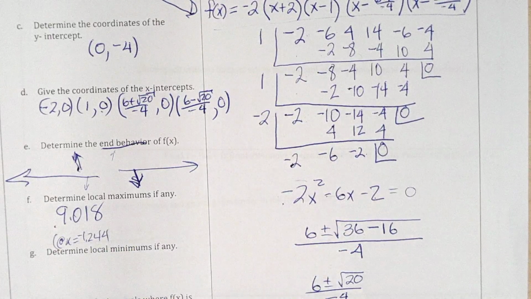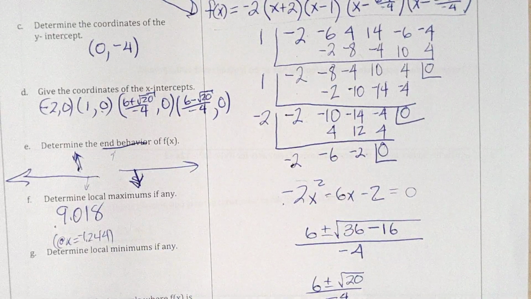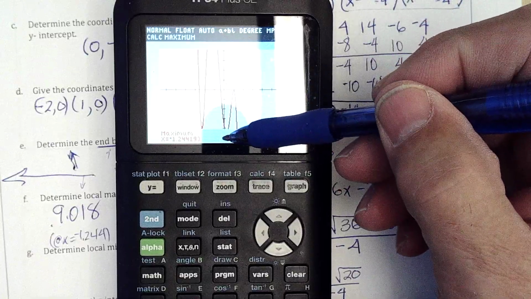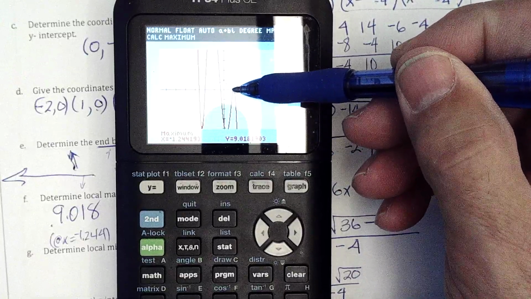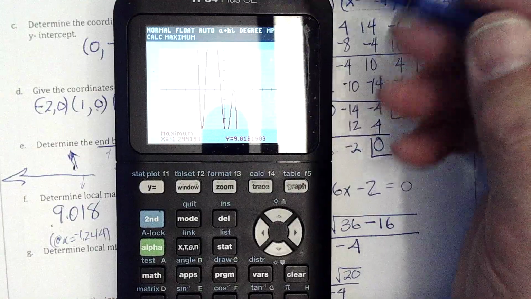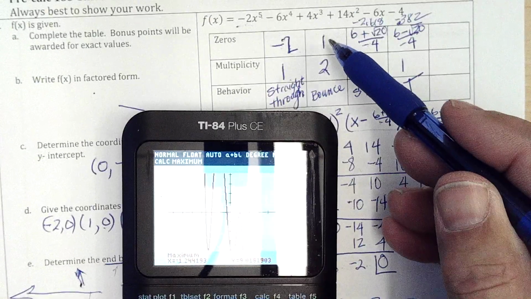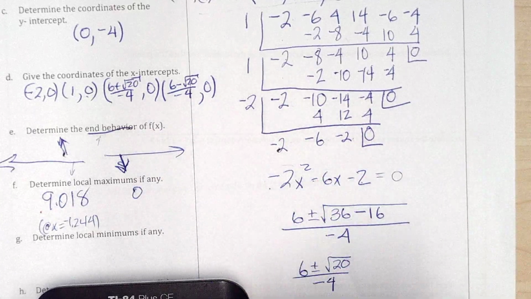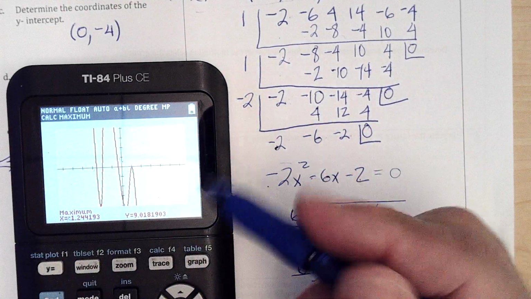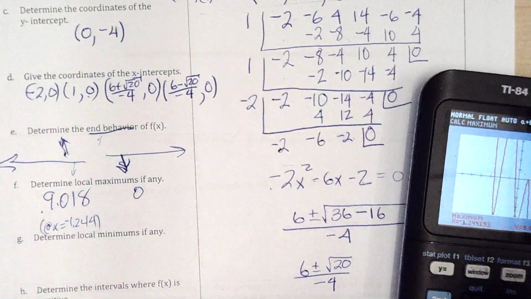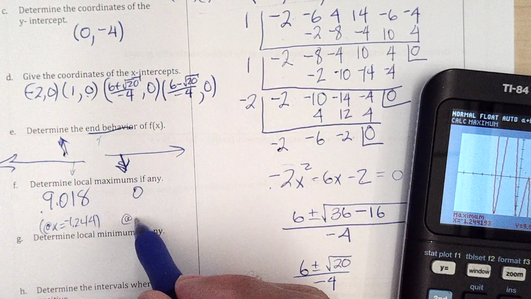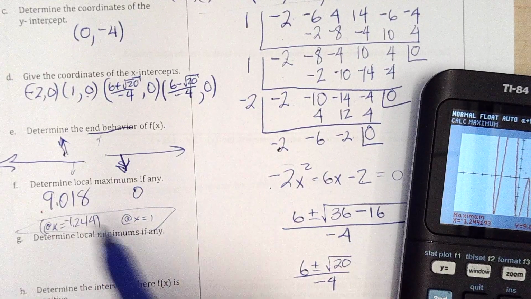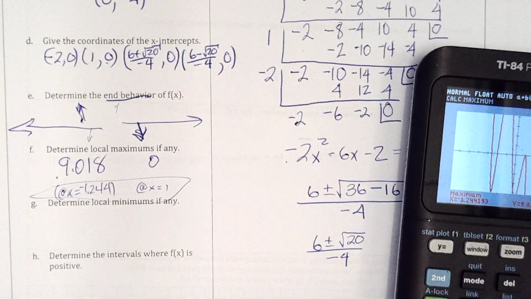You'll see why that's important in case you don't know why now. That was a maximum, but then it went down to a local minimum. Then it came back up, and that point is 1, 0. So there's another maximum of 0. That gets up to a height of 0 there. And it happens at x equal 1. So that might be helpful for some of these other parts coming up.